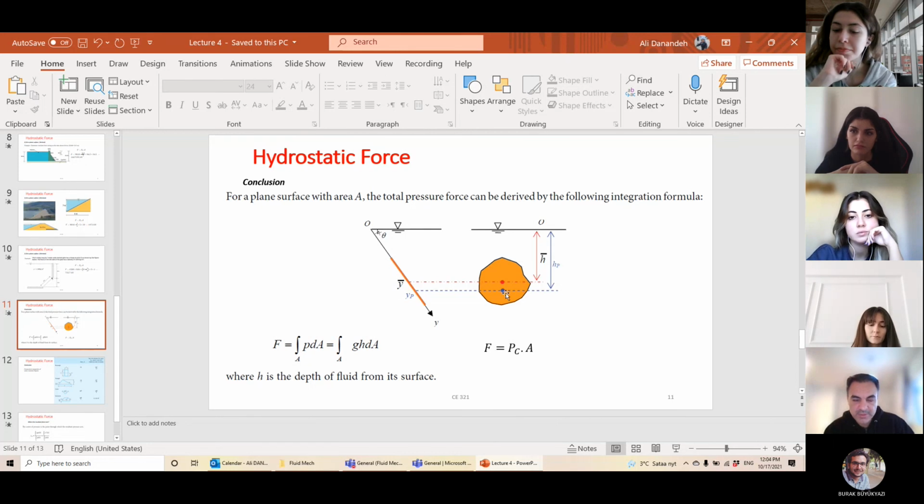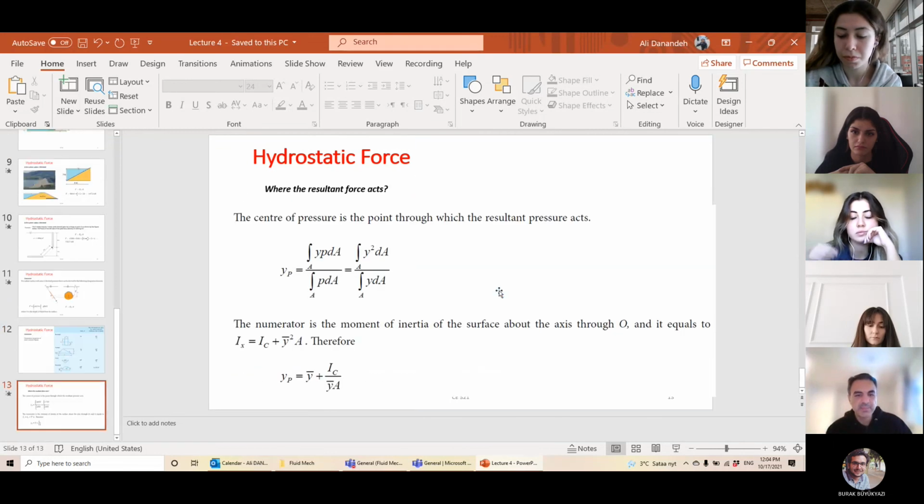But the resultant force does not act on the centroid; it acts at some place below the centroid. How much below the centroid it is depends on the moment of inertia of the shape. It depends on the area. But what is the fact?